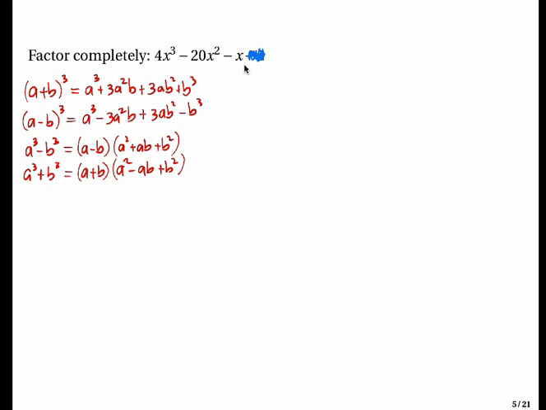If you only see this, then observe x is a common factor, and therefore you can factor that out easily. And when you factor that out from this expression, you will get a quadratic expression.